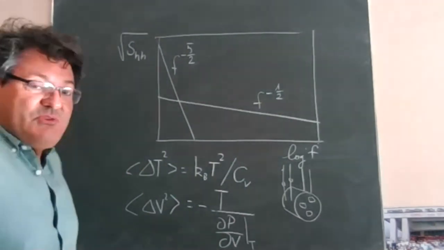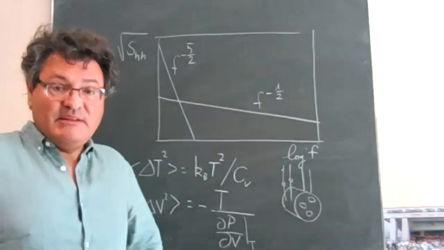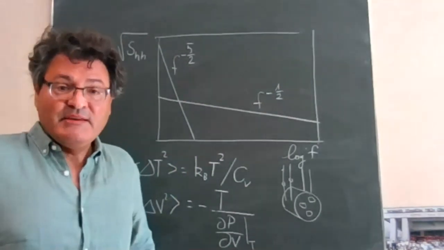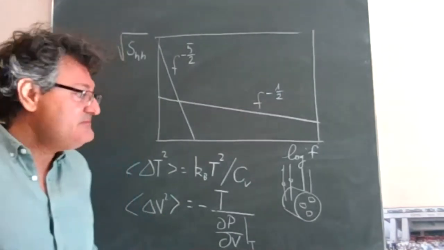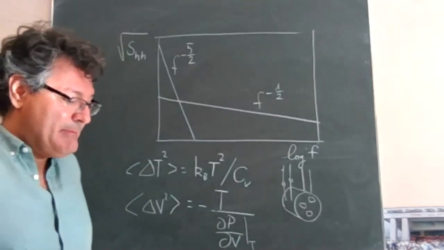Well, it comes from a theorem called the fluctuation dissipation theorem, which was established in 1951 by Callen and Welton.